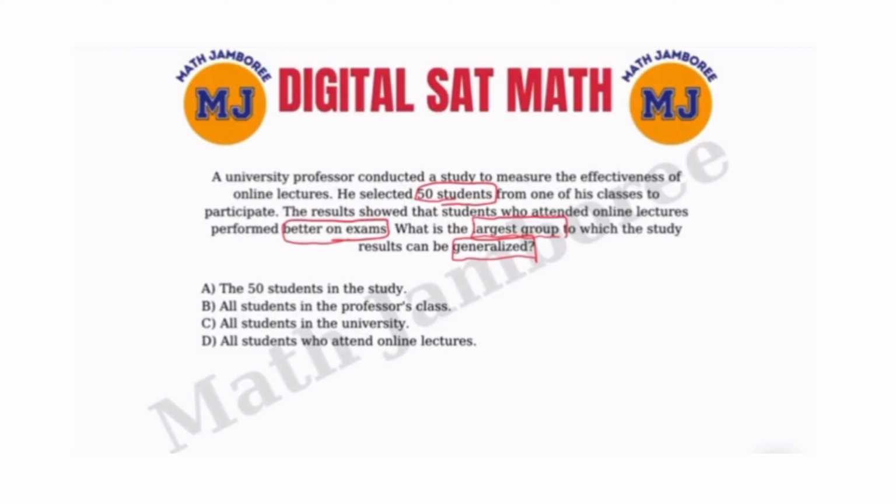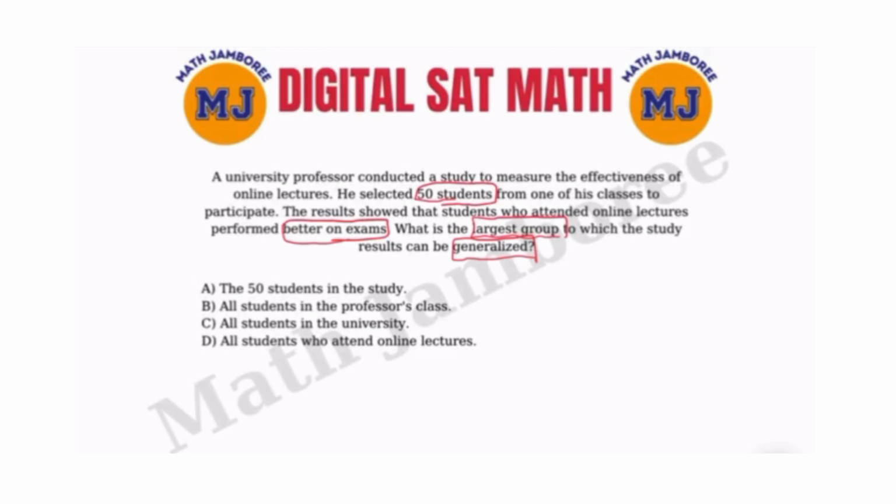Not the 50 students, because we know the 50 students were tested, and they performed better when they attended online lectures. So let's read the choices and then I'll explain further.